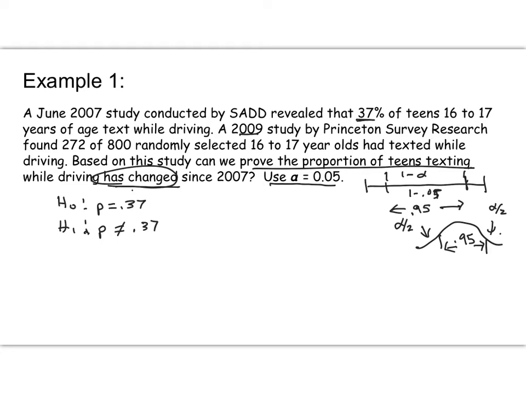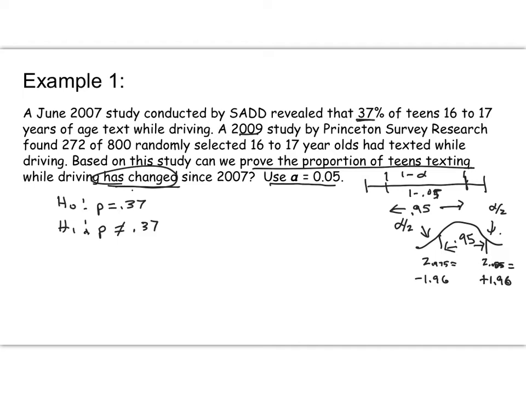If you remember from doing confidence intervals, the z that goes with 0.025 and 0.975 was negative 1.96 and positive 1.96.